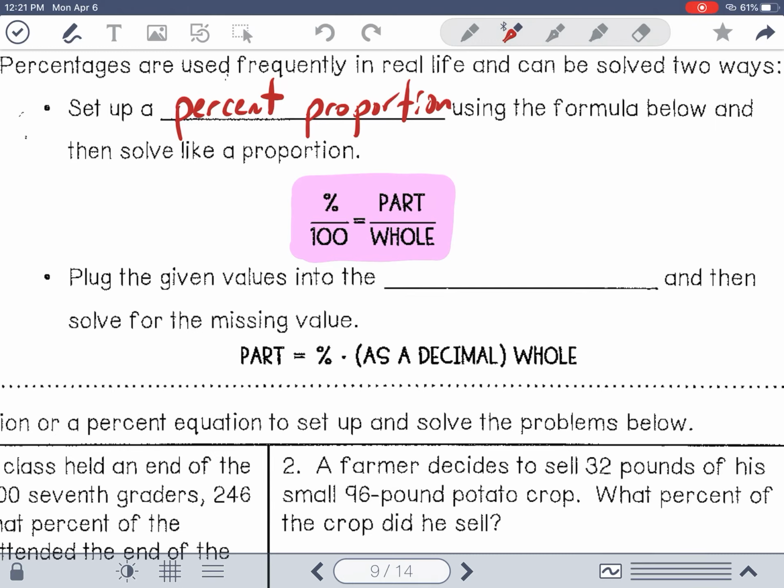That's very important. Remember that. You're going to plug in the given values into this percent equation, and then you will solve for the missing value. That's all we're looking for. We're going to set it up and solve them as a proportion. I'll give you a second to take a screenshot or write this down. Pause the video here if you need to write those things down.